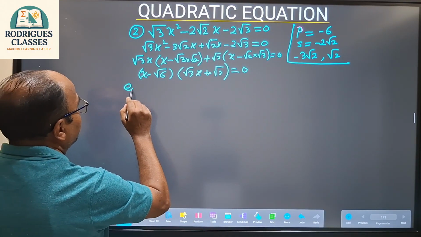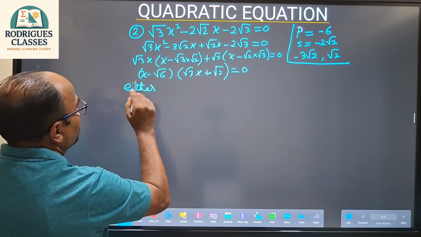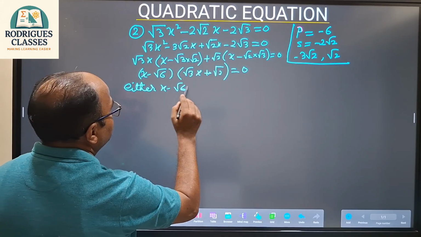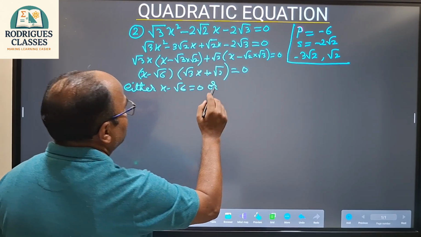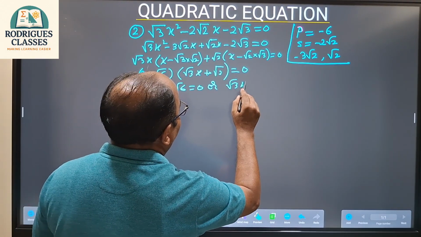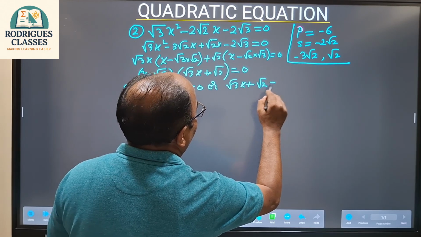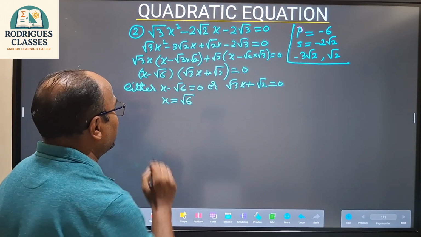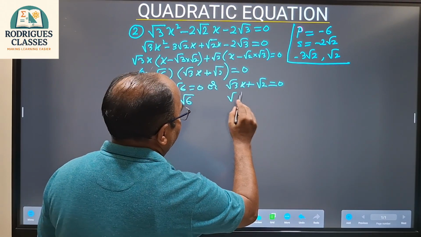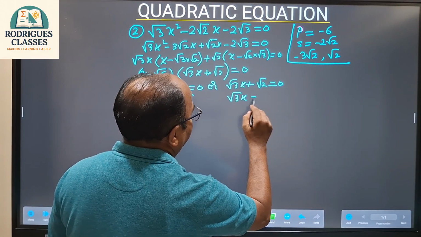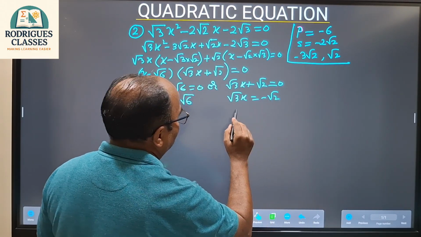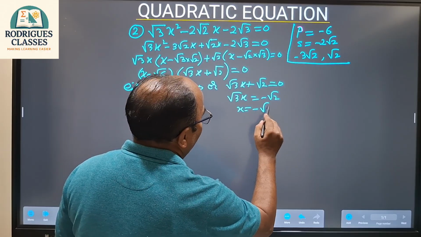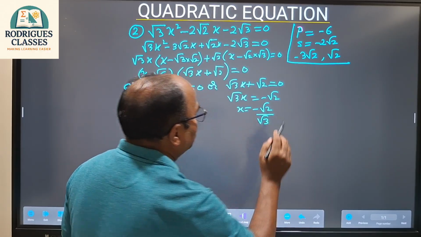So I will write here now either x minus root 6 equals to 0 or root 3x plus root 2 equals to 0. This will give me a very easy one, x equals to root 6. Here I will get root 3x equals to minus root 2, x equals to minus root 2 by root 3.